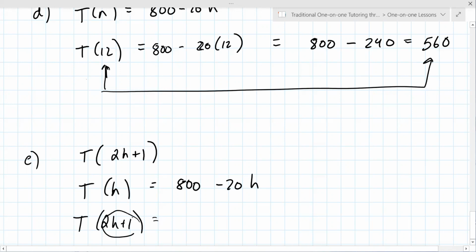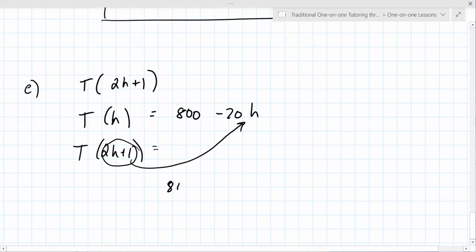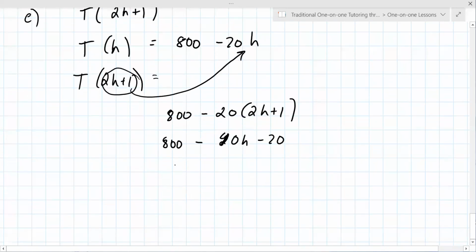Well, you're going to put this in wherever you see an h. So it's 800 minus 20 times 2h plus 1. Okay, that's what I have. And then that would give you 800 minus 40h minus 20. So these two combine and you get 780 minus 40h.